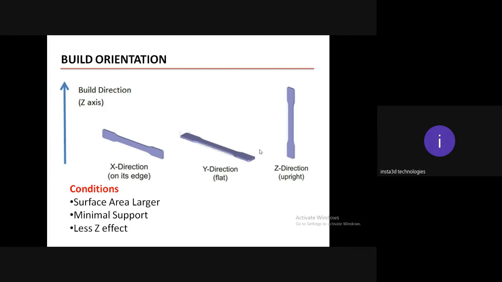And the second one, Y direction, where the surface area in contact with the build plate is larger. And the third one, Z direction. In Z direction, the surface area is minimal and the height is much higher. So considering these three build orientations, which one is the best one?